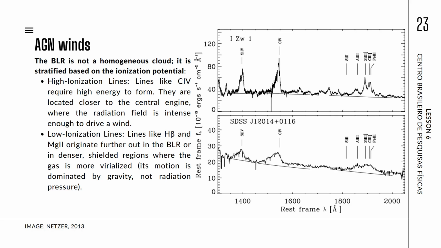But these lines are lines from de-excitation in a hydrogen atom. If the hydrogen close to the black hole is ionized, you are not having these hydrogen lines. So when you see hydrogen lines in an AGN spectrum, they cannot come from the very near vicinity of the black hole.